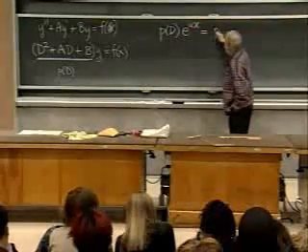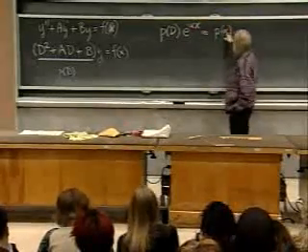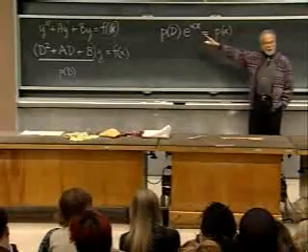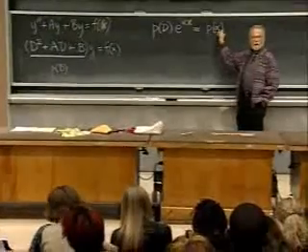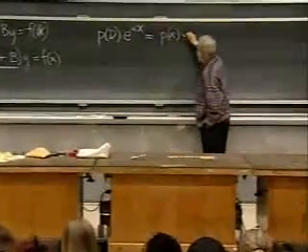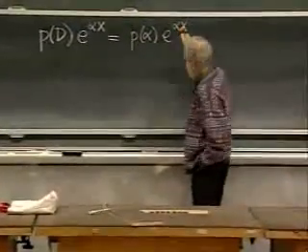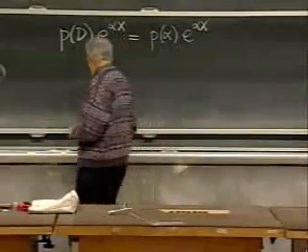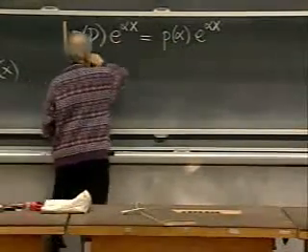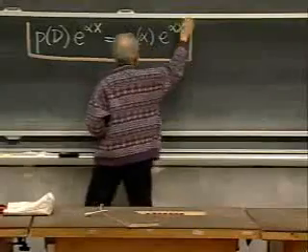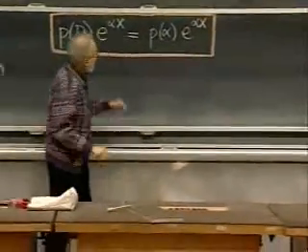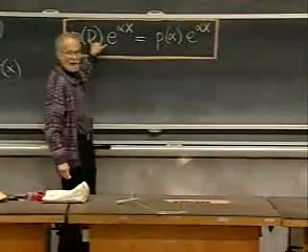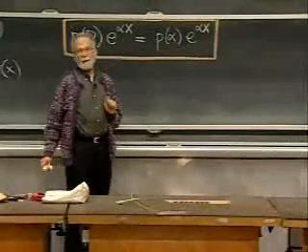So it's p of alpha. In other words, put an alpha wherever you saw D in the polynomial. And what is this? This is now just an ordinary complex number. Multiply that by what you started with, e to the alpha x. So that's a basic formula. It's called in the notes the substitution rule, because the heart of it is you substitute alpha for the D.